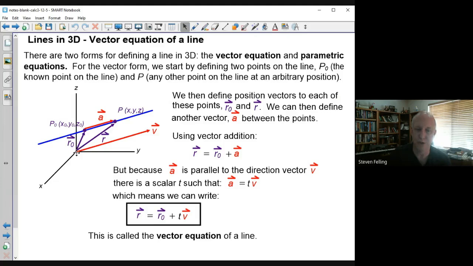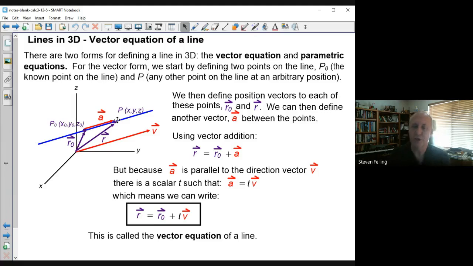So from the origin, a vector from the origin to P0, we're going to call that the vector R0. And then the position vector from the origin to the generic point P, X, Y, Z, we're just going to call that position vector R. Okay, and then we can define another vector that goes from the initial point, the known point, to the generic point. So we'll define that vector to be A.